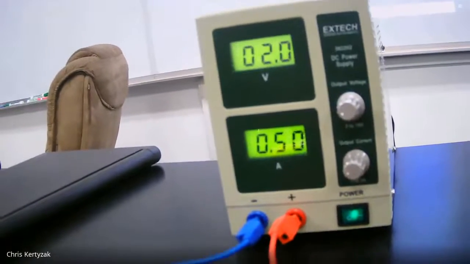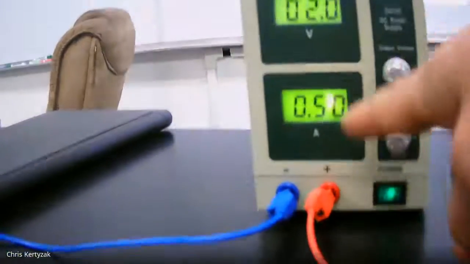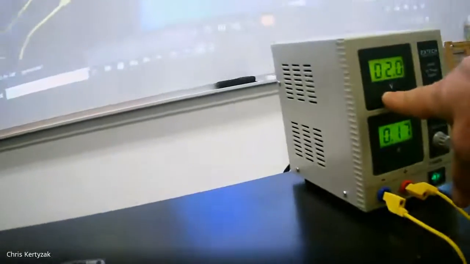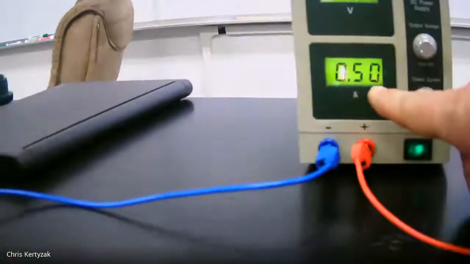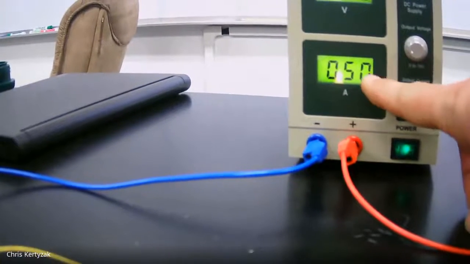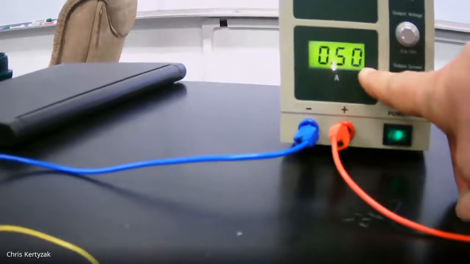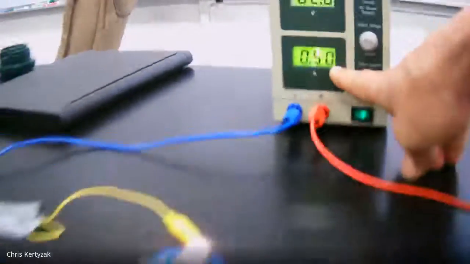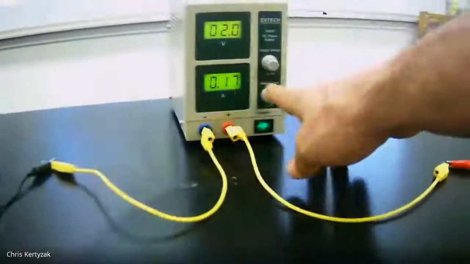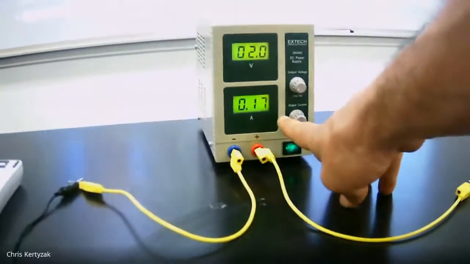but it actually has, I know that's confusing because you're seeing a mirrored image, but just trust me what I'm saying. This is 2.0 volts. This was also 2.0 volts. This one actually has 0.5 amps. This is mirrored, but in my view, this is showing a half an amp. 0.5 amps is flowing through the circuit that has more paths, and this one doesn't have 0.5, it is 0.17.